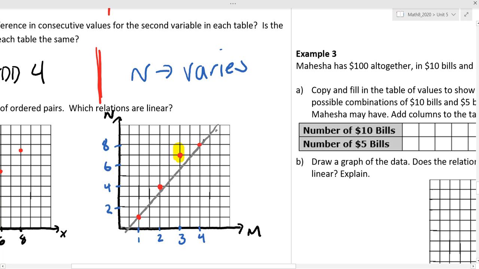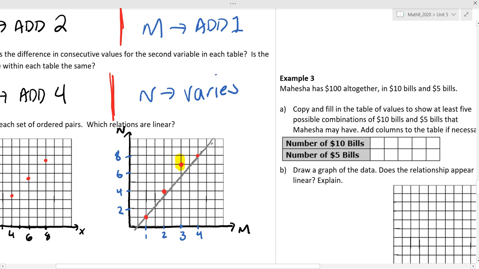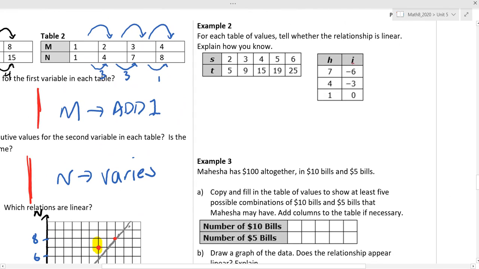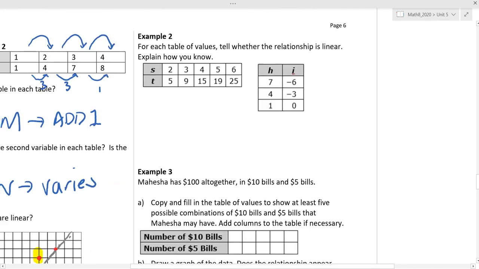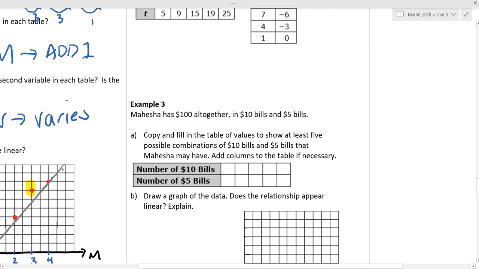So we say that one is not linear, right? That makes sense? And that's the whole crux of this lesson: just look at the pattern and see if it grows. In a table, see if the pattern grows evenly, and in a graph, it's easy. The picture tells you.